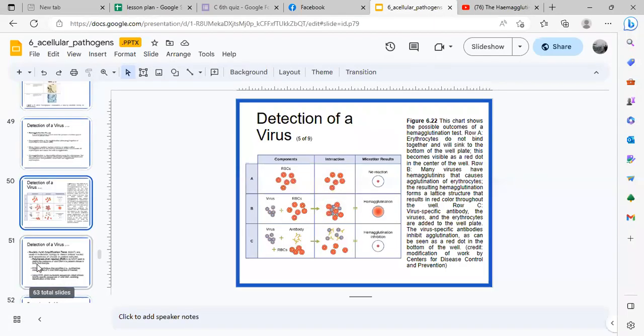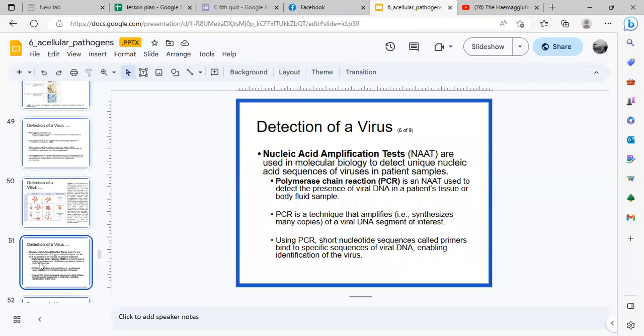Okay, and then the most definitive, or the gold standard, is the nucleic acid amplification test. Here you will use what we studied in biochemistry, the PCR, or the polymerase chain reaction. Its role is just to make many copies of the DNA.